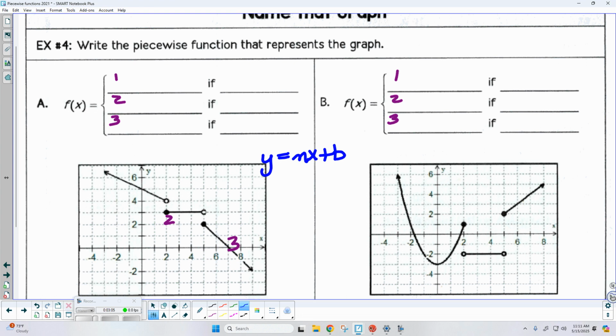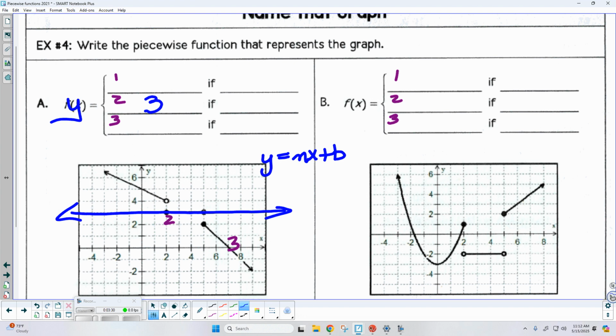The equation of a horizontal line is just y equals, but remember that's interchangeable with f of x. So what would the equation of that middle graph be? It's y equals what? If I were to extend it and I saw the entire line, I would say it's y equals 3. That's it. Y equals 3.